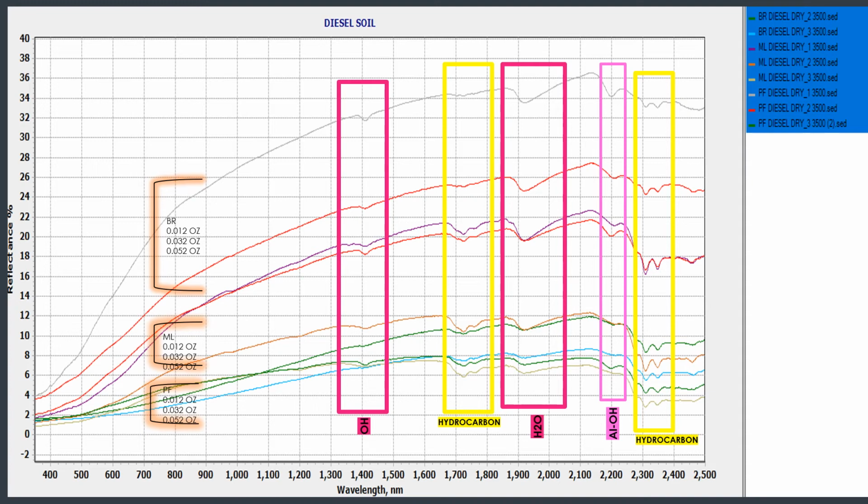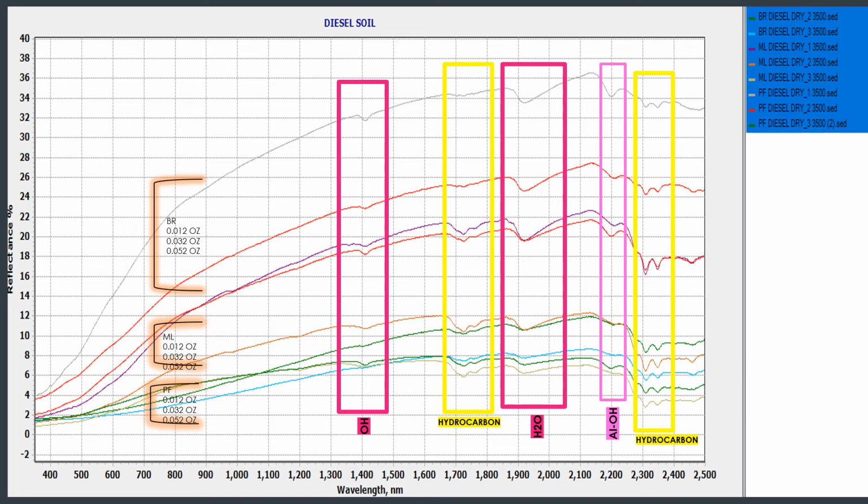The feature at 1400 nanometers, although light hydrocarbons do absorb here, is hardly considered an absorption range of the hydrocarbons in soil in particular due to the overlapping with the range of water absorption. So throughout all of these samples, we will classify that region with the OH from the clay rather than a true hydrocarbon feature. At 1700 to 1770 nanometers, we have a triplet hydrocarbon feature here.